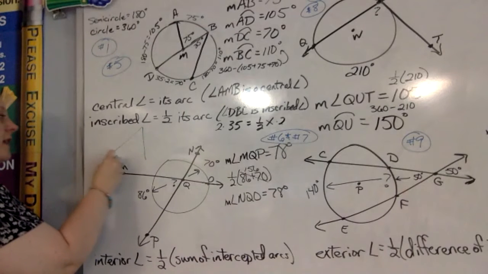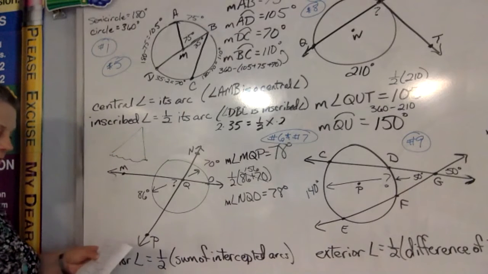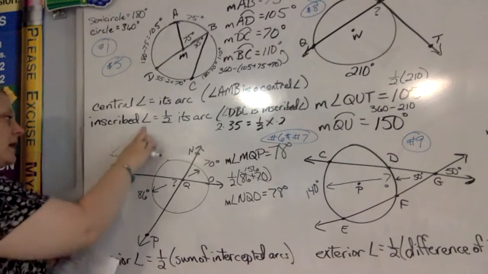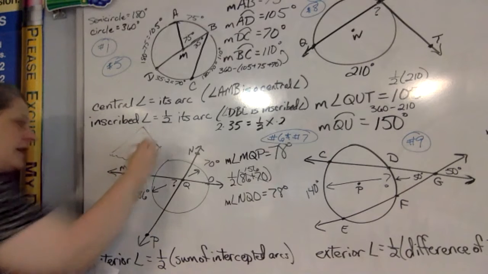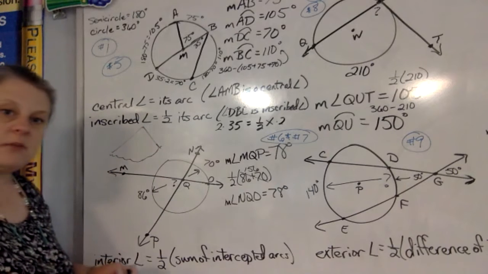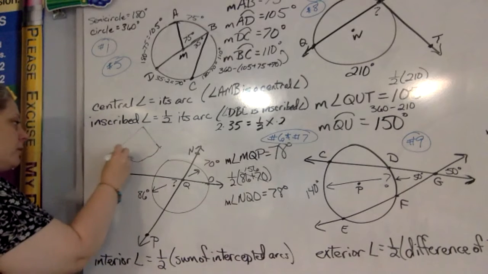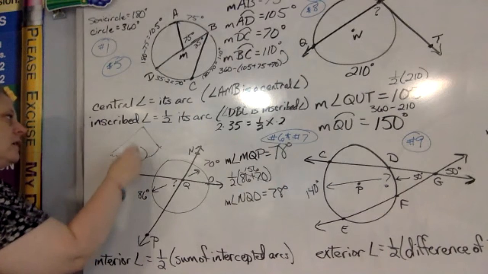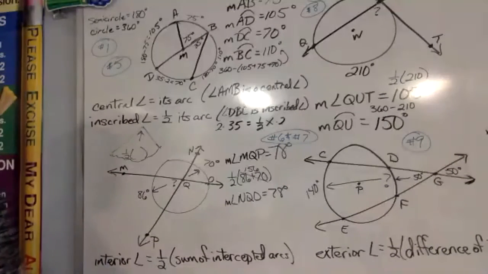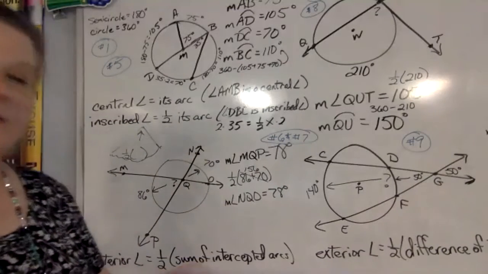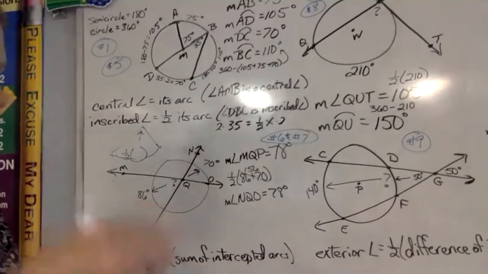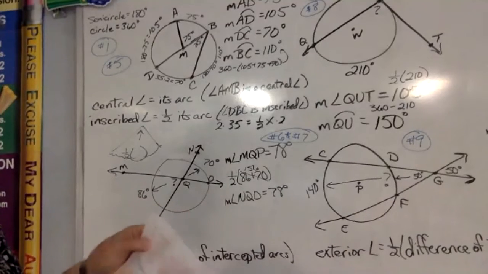So the arc that it intercepts is this big part down here. It tells you on the picture how much that arc is. That number's on there. So it's half of whatever that number is, gives you the angle measure. Okay, and I still had a lot of you miss that one. It's an inscribed angle, so it's equal to half of that arc.